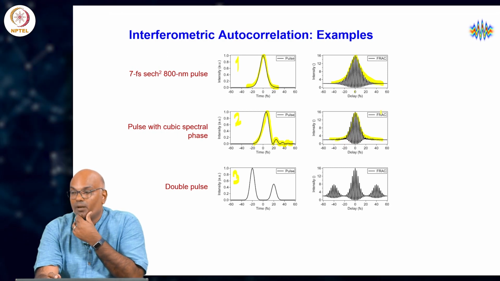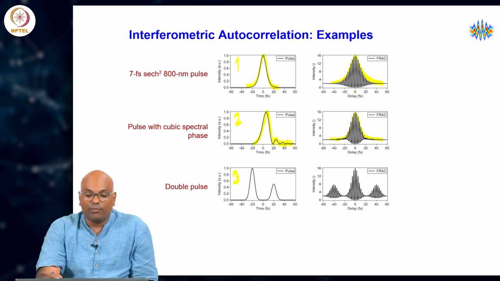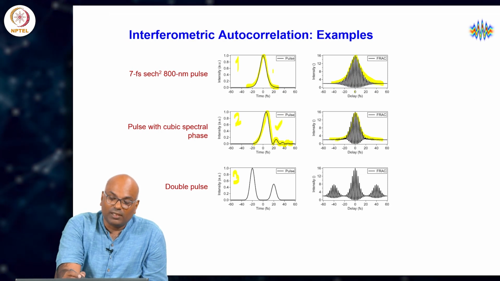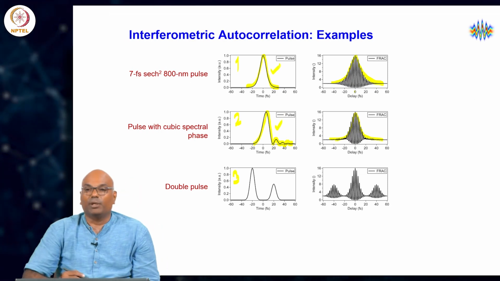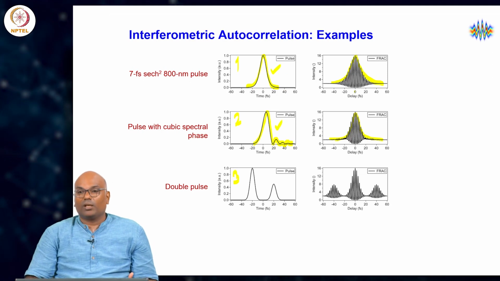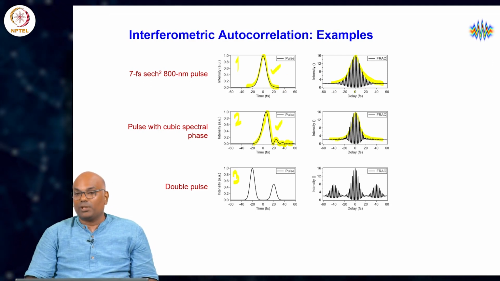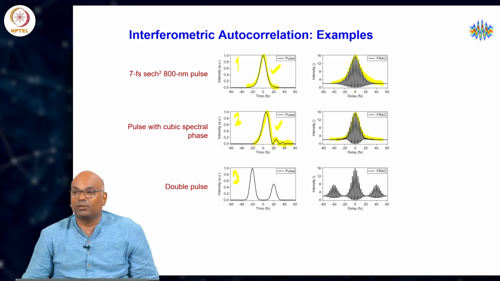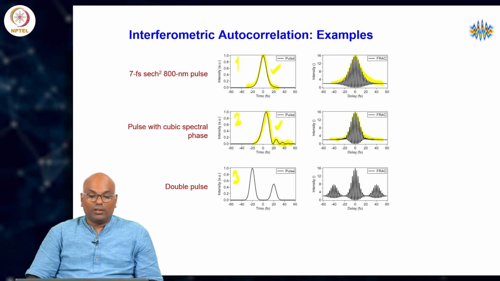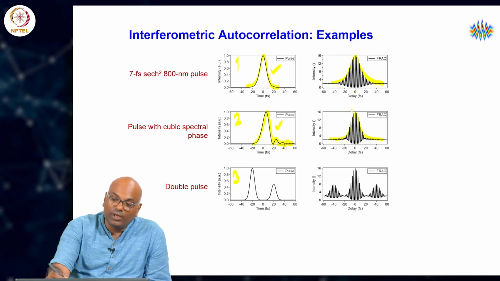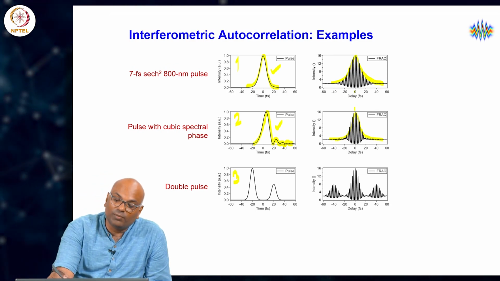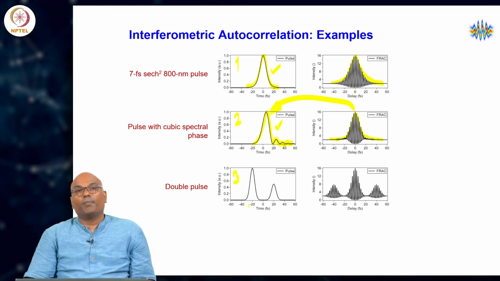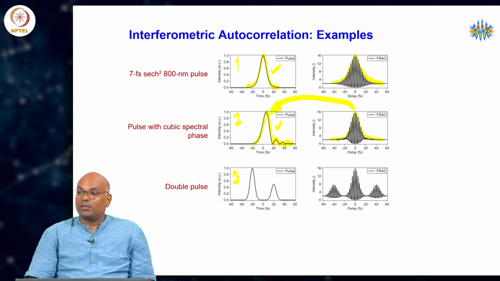So, one could mistake this pulse with some satellite pulses to be a very clean pulse. It is not really a process where we have a unique solution going from the autocorrelation signal back to the original pulse which we created.